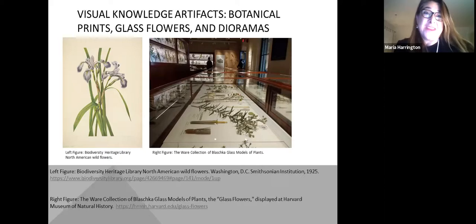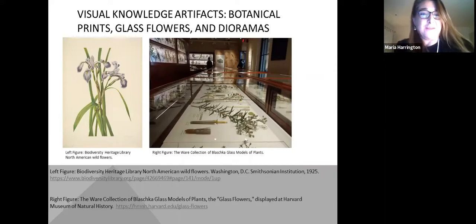And this information, while beautiful, is really an artifact and document of observations of the natural world. And they incorporate information that can be used in education. However, with the botanical prints, they are two-dimensional, and there's a loss of information of 3 dimensions.